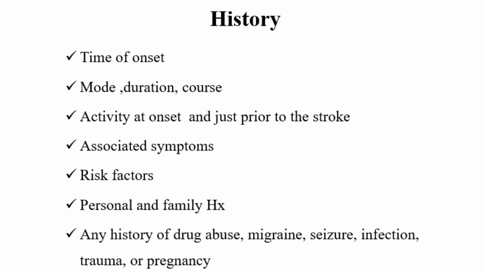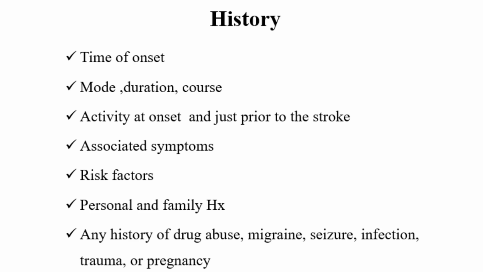It can be due to systemic coagulopathy, anticoagulant therapy, drug abuse like cocaine and amphetamine, hemorrhagic infarction, that means the transformation of a prior ischemic infarction, metastatic brain tumor, or it can be age related.